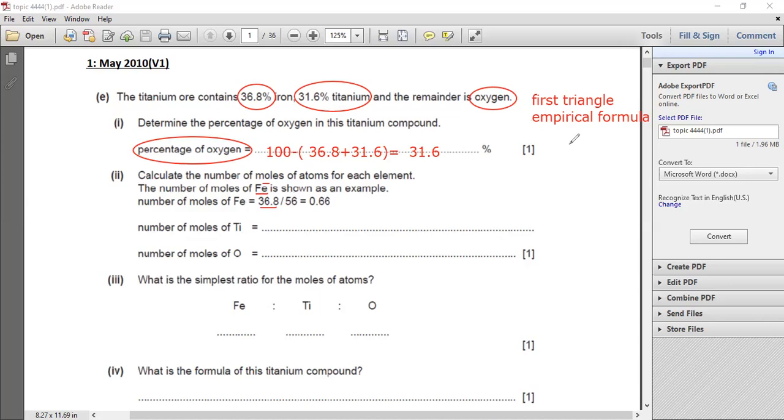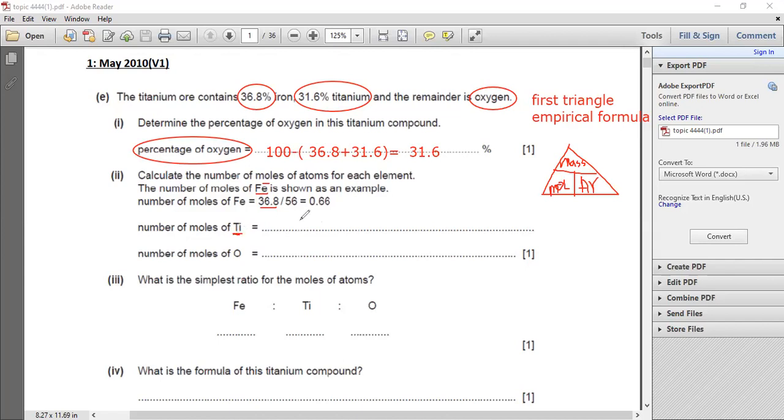In this question, I will use the first triangle: mole equals mass divided by MR. But here, I'm talking about an individual element, titanium alone. So I will say mole equals mass divided by AR. How can I find AR? From the periodic table. This is the mass number.